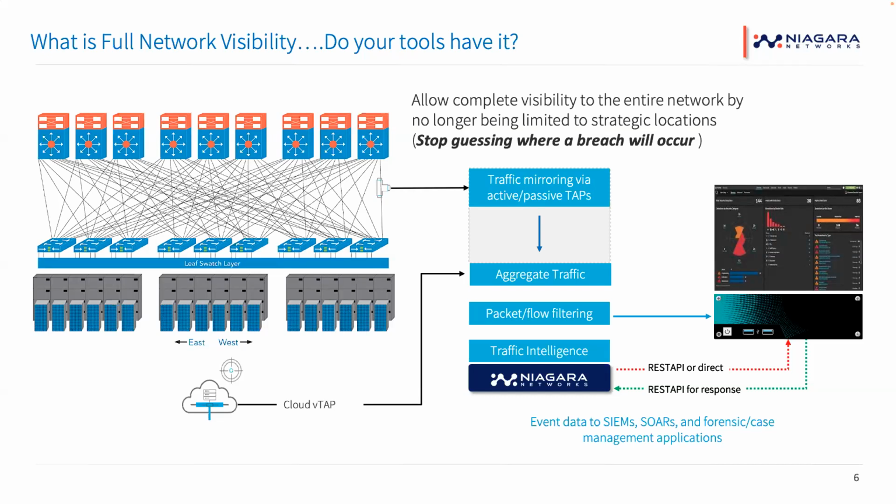And then finally, in step 4, we take it beyond that and start allowing for greater control and enrichment of that data before sending to the tool. This has the benefit of increasing the tool's fidelity, helping it determine alerts quicker, and more importantly, reducing alert fatigue for the SOC team.